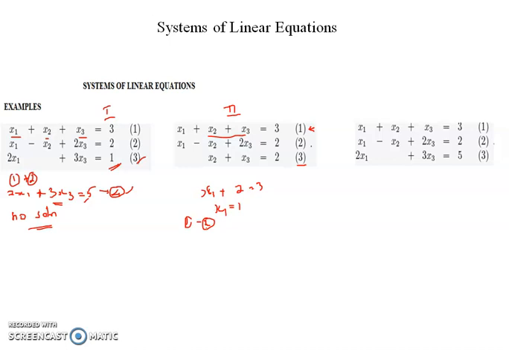We can see x1 minus x1 is 0, x2 minus x2 cancels. You can just add the equations 1 plus 2. So 2x1 plus x2 gets cancelled, 3x3 will be equal to 5.